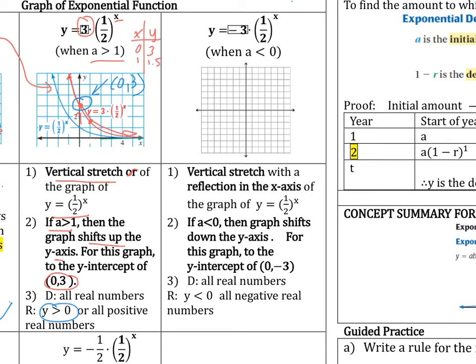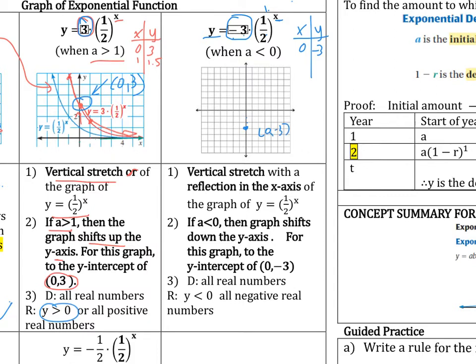Now let's look at this graph. Here a is negative. So I'm using negative 3, to make it simple. I'm going to plot 2 points. I'm going to use 0 because it's the easiest. Half to the 0 power is 1. 1 times negative 3 is negative 3, so the y-coordinate will be negative 3. I'm going to plot that, and label the point.